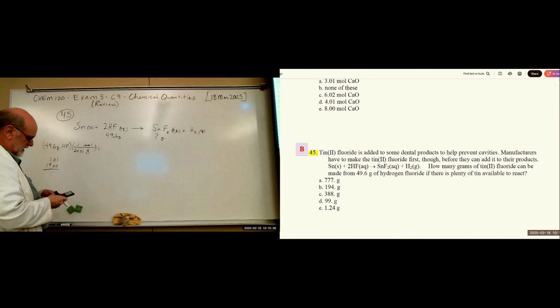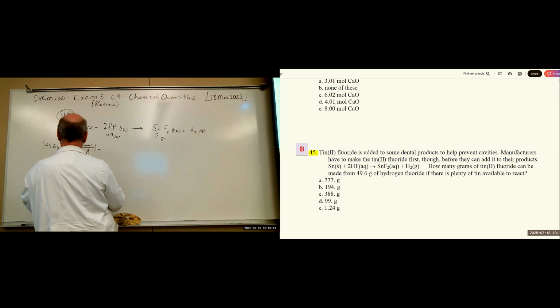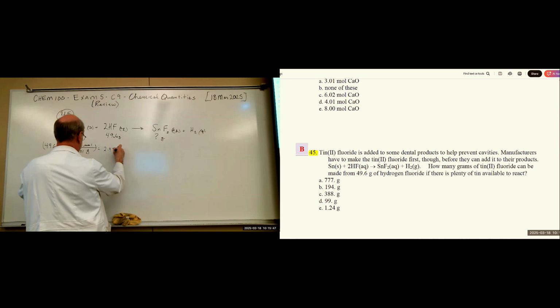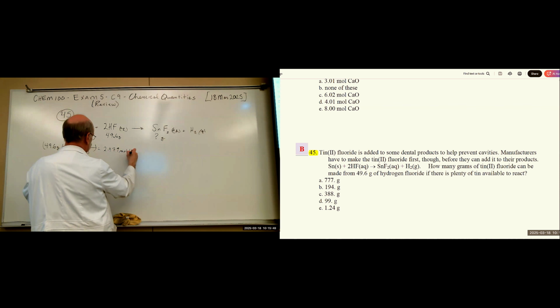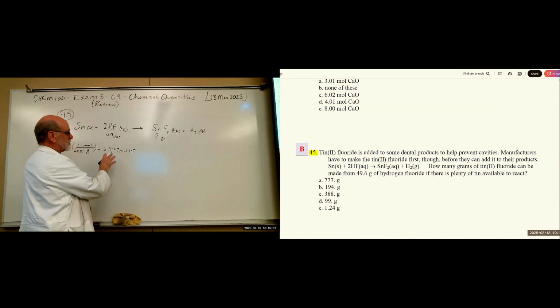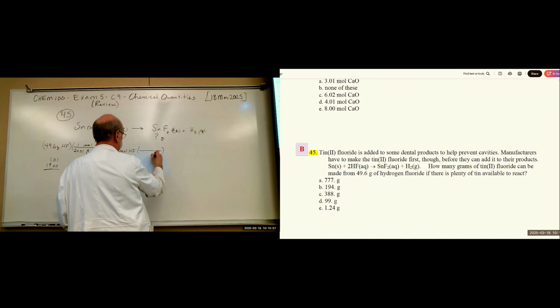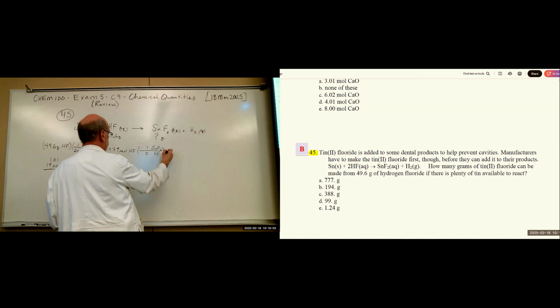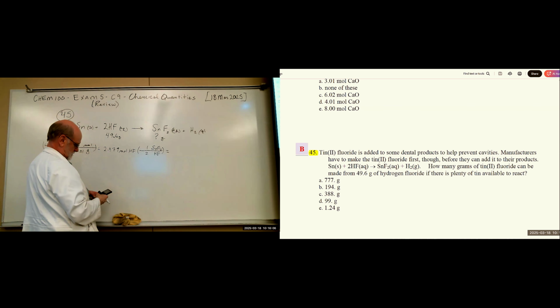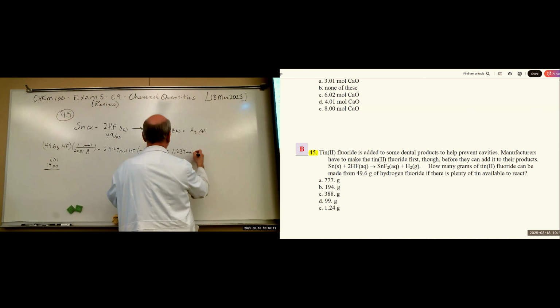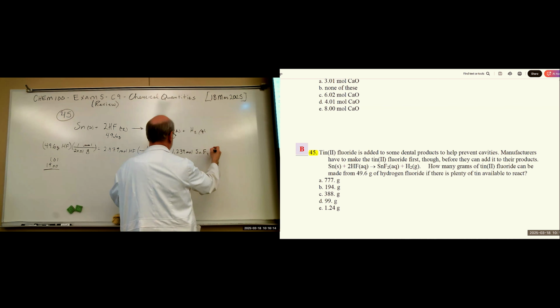Divide that into 49.6 and I get 2.479. Now we can convert that to moles of tin(II) fluoride. 1 and 2, we'll just take a half of that, and that's 1.239 moles of tin(II) fluoride.